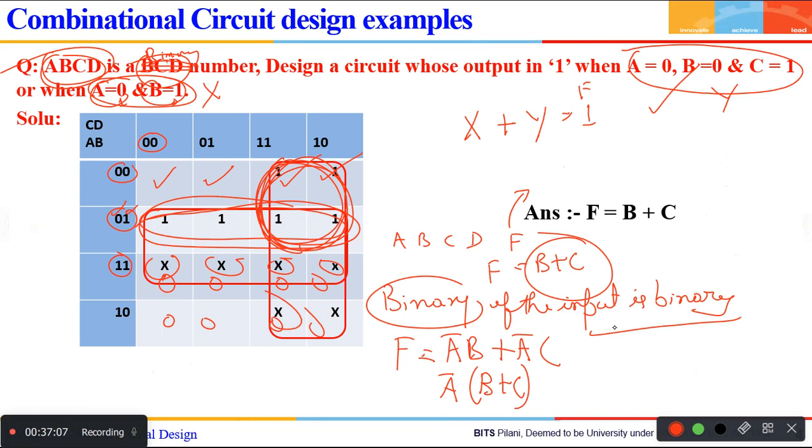So you can design any type of combinational circuit where your input is given in the form of a behavior. Is it not a behavior that is given here for you? Have you been given a truth table? If you have been given a truth table, drawing a circuit is very easy, right? You just put it in a K-map and then solve the equation.